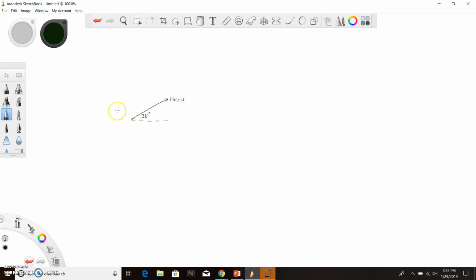Then F2 shows an 80 Newton force going 20 degrees from the y-axis. So there's our force.